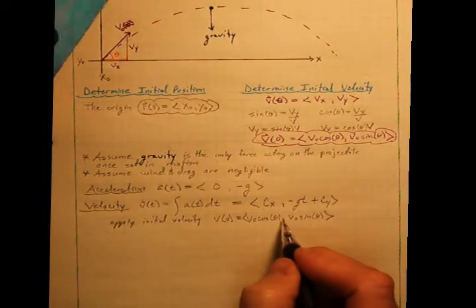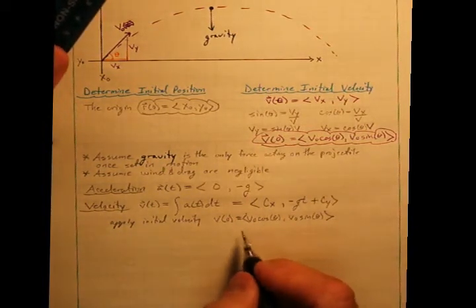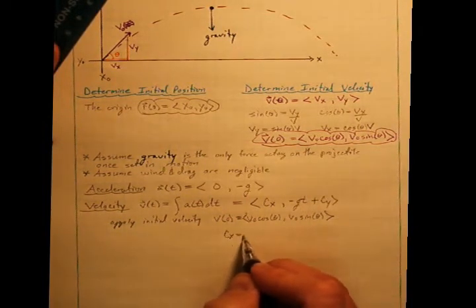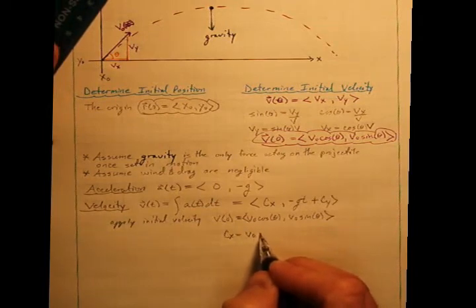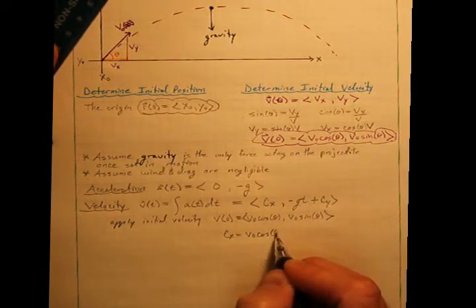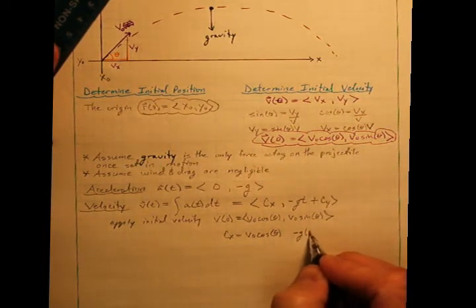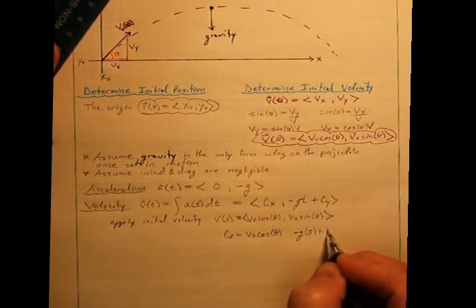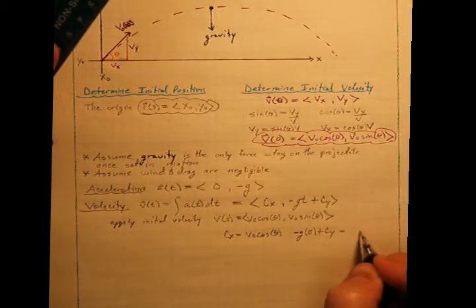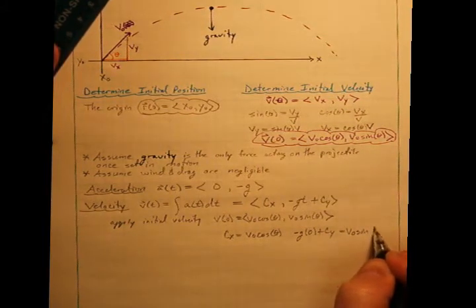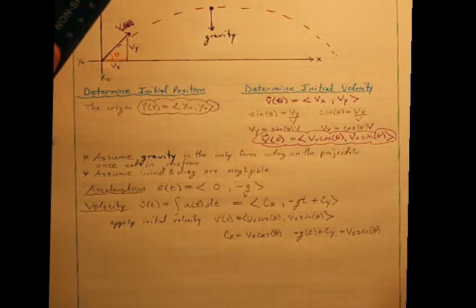Okay, so as I apply this initial condition, I deal with the x component initially, so c sub x is now going to equal v naught cosine theta, and minus g times 0 plus c sub y equals v naught sine theta.